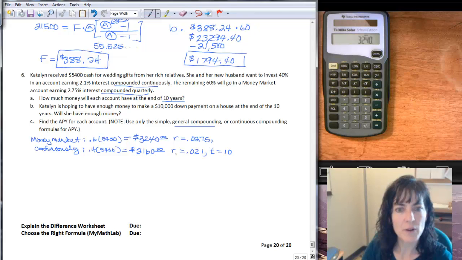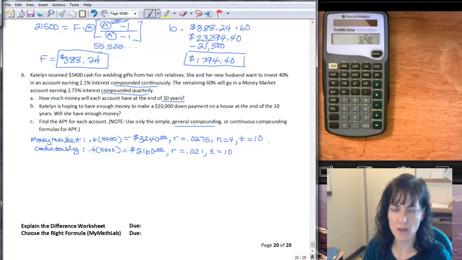And what else do we know? Compounded quarterly, so that means my N equals 4. And I have the principal amount, and I need the T, which is still going to be 10. So for both accounts, we have 10 years.